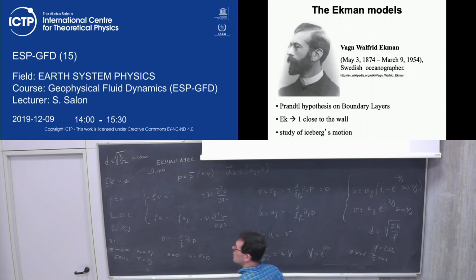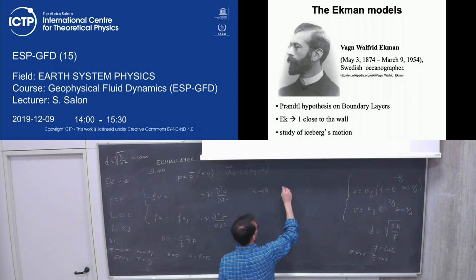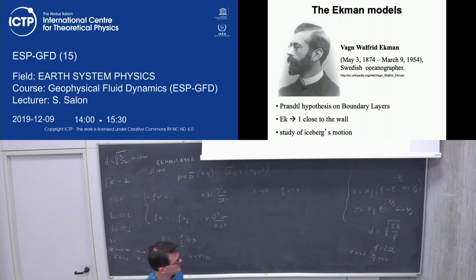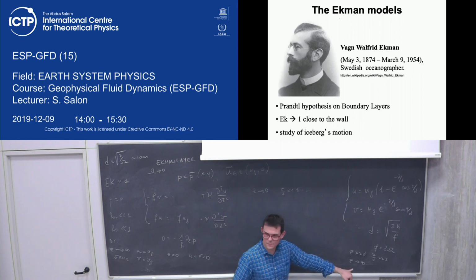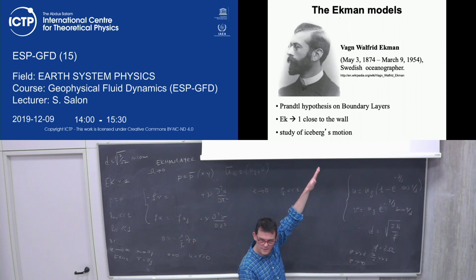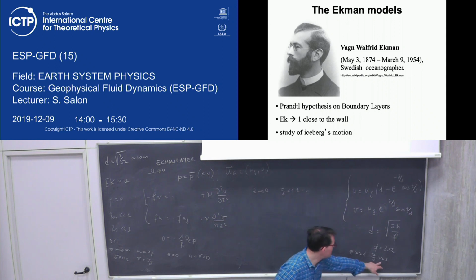Okay? One more thing, and then I will leave you, is that if you take the value of z going to 0, so it means z much smaller than D. On the contrary, z over D much larger than 1 means I am in a position z which is very far from the boundary layer, much larger than D, which is the dimension of my boundary layer.